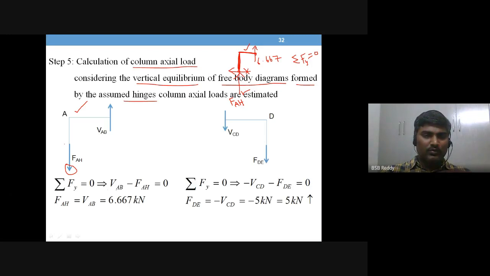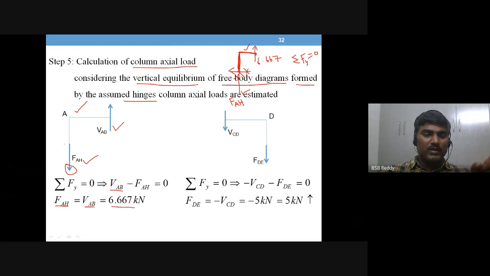So VAB, shear force, you know this direction and force both. Next, you assume this direction, and you don't know the value of column axial load. Upward force plus, this will be minus, so FAH is equal to VAB.